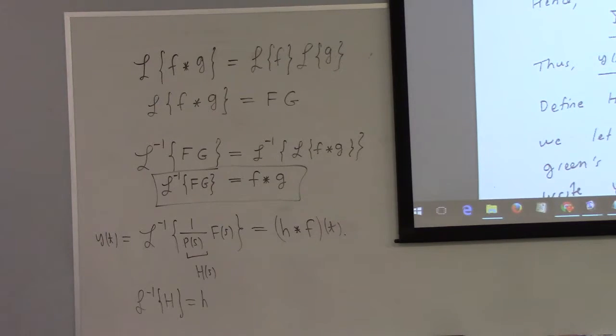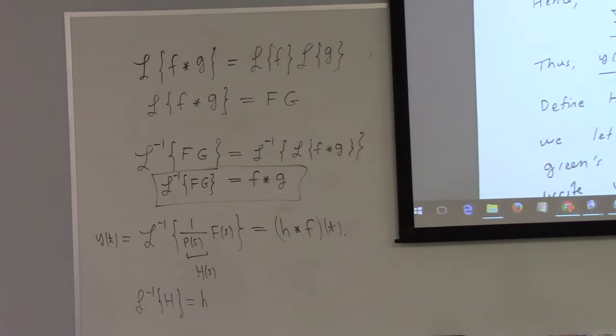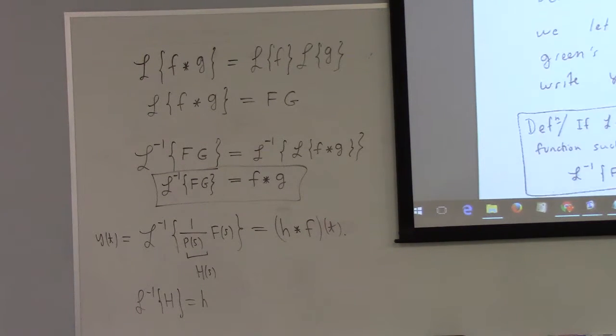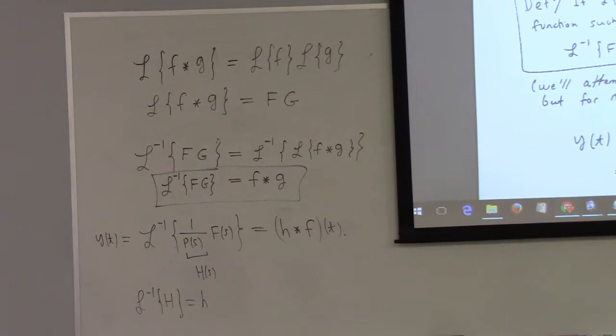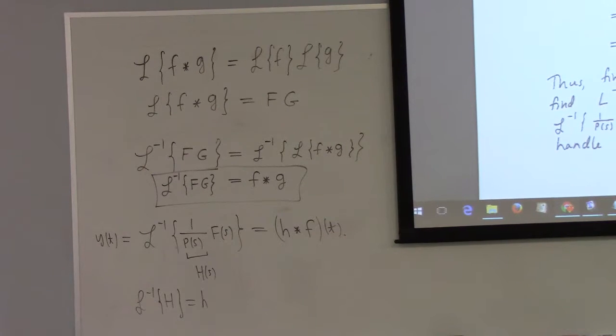That's cool. There's so much more than this, though. What we're talking about right now is just the nth order constant coefficient case, because the Laplace transform of the differential operator gives just s to the n plus some constant times s to the n minus 1, and so on.